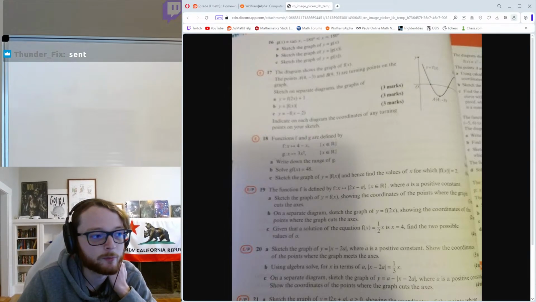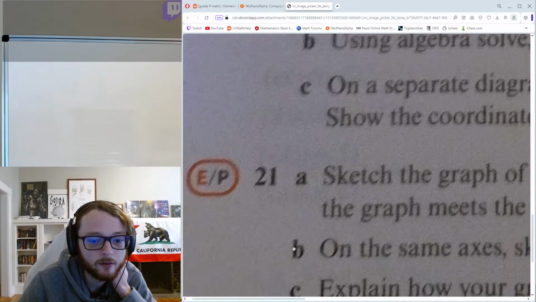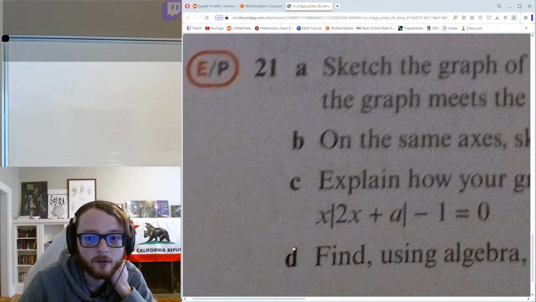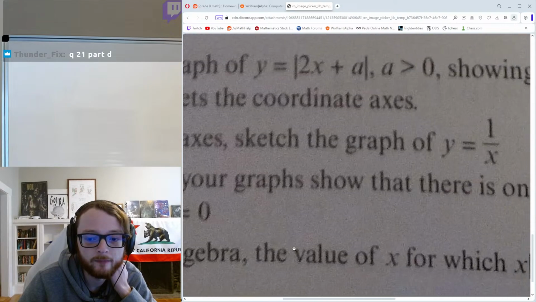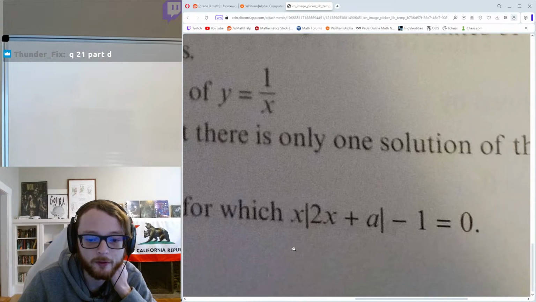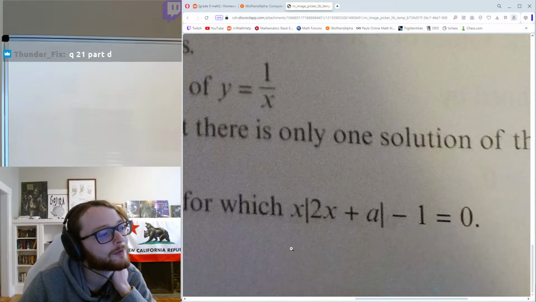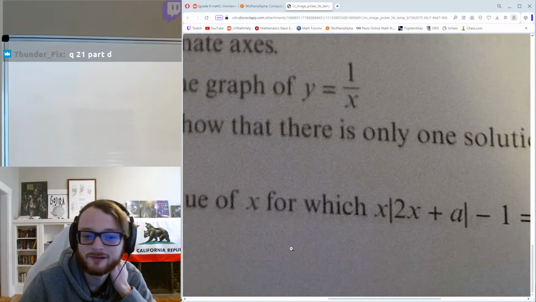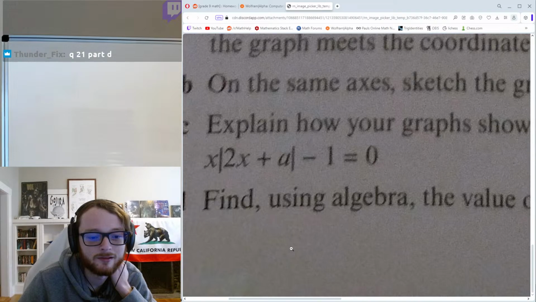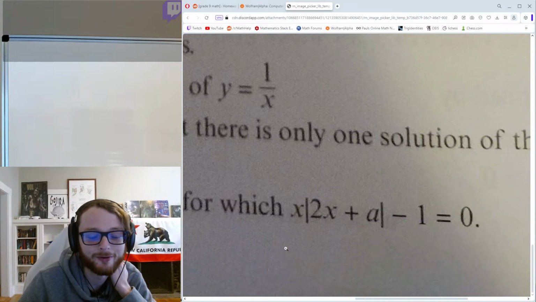So question 21, part D. Find, using algebra, the value of x for which 2x plus a minus 1 equals 0. Find, using algebra, the value of x for which 2x plus a minus 1 equals 0.